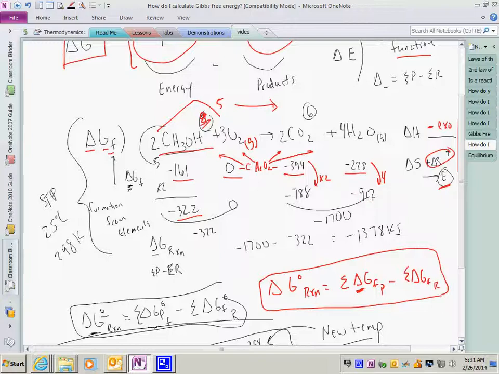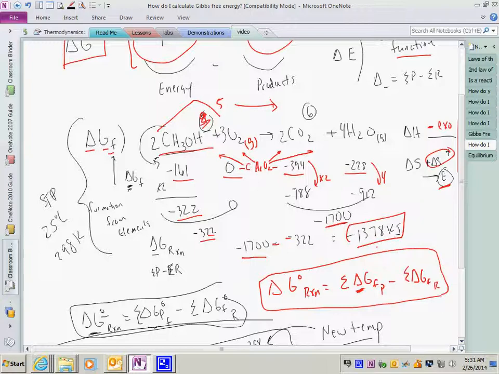Gives me negative 912, negative 788, which is a negative 1700, and then negative 322. Take your products minus your reactants: negative 1700 minus a negative 322 equals a negative 1378. That means every time this thing cycles through, I get 1378 kilojoules of energy.